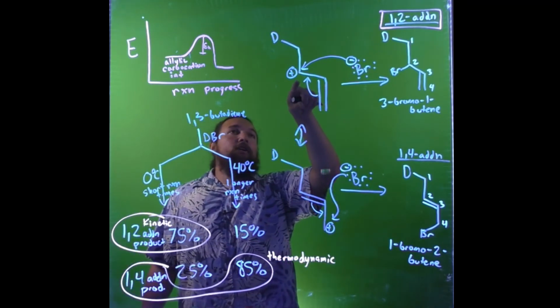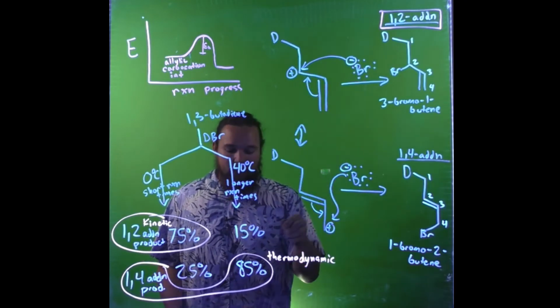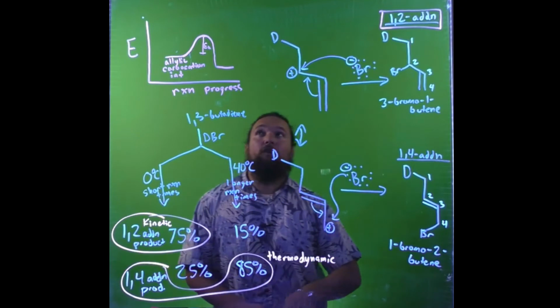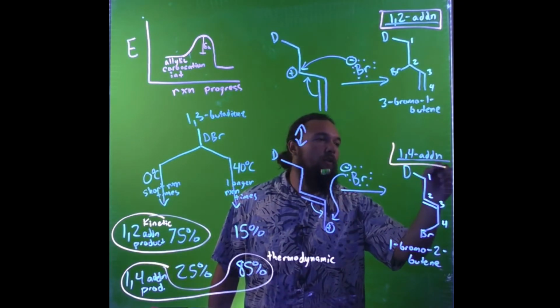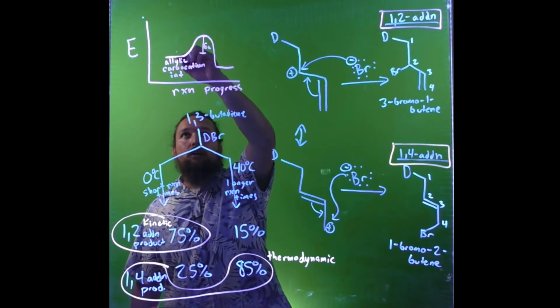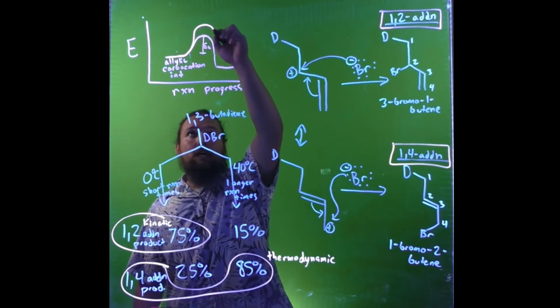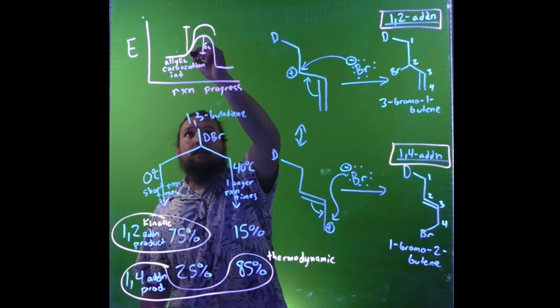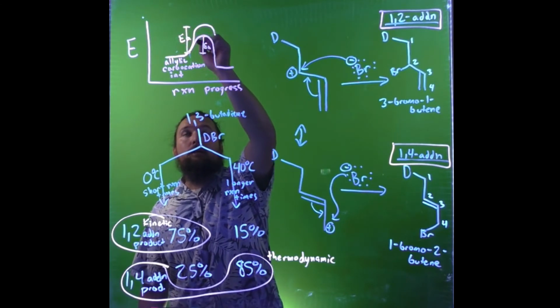Since this carbocation intermediate is more stable than this one, if we label the 1,4 addition in orange, this is higher in energy. Starting from the allylic carbocation intermediate, we have to go a little bit higher, so we have a higher activation energy to overcome in this case.